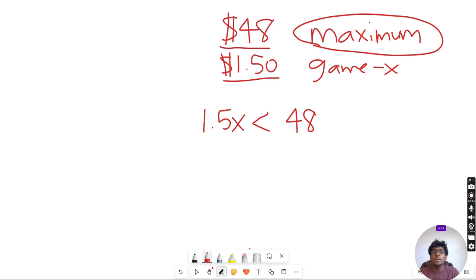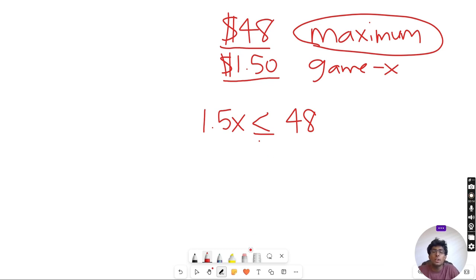We can go up to 48, so we can actually use a less than or equal to sign. So less than or equal to works out for this because we can't have a value greater than 48. Then obviously you would just divide both sides by 1.5 and you'd get your answer. But that was how you would take information from the word problem and convert it into an inequality.